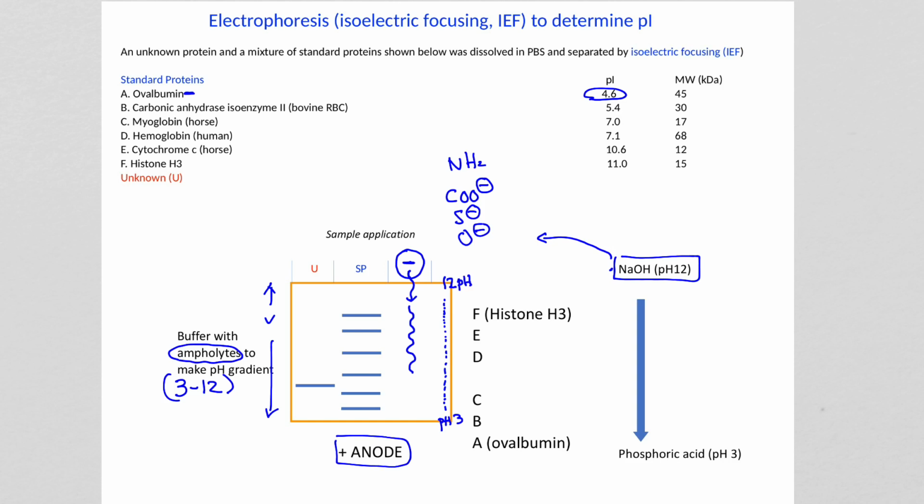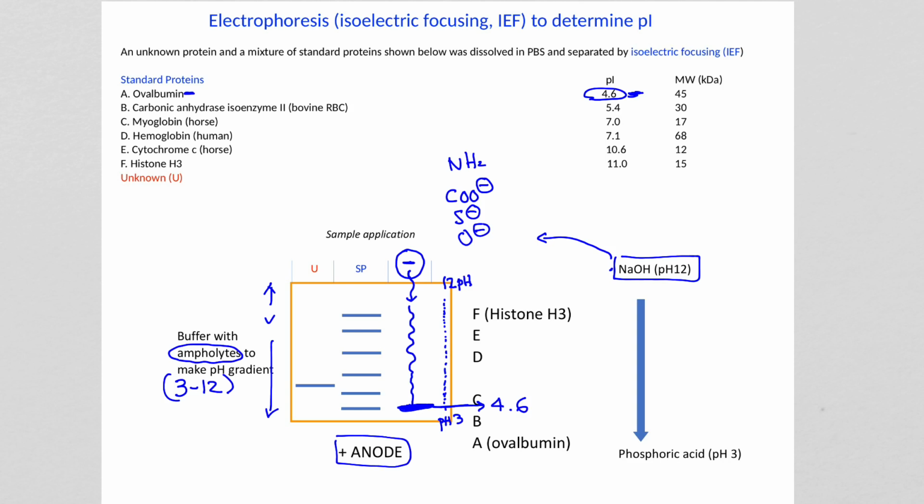But somewhere in the gel is a pH of 4.6, which is exactly equal to the pI of ovalbumin. So once the ovalbumin reaches pH 4.6 right here, it will have a net charge of 0, which means it's not going to migrate anymore. So it will simply stay here.